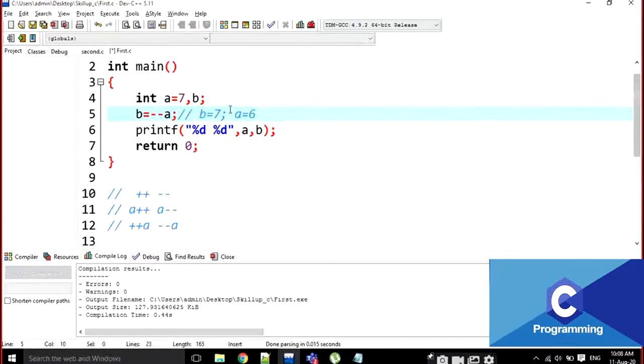Then B is equal to A. What is the A value? The A value is 6. First of all, A is decremented, then it is assigned to B. Then both are 6. Okay?